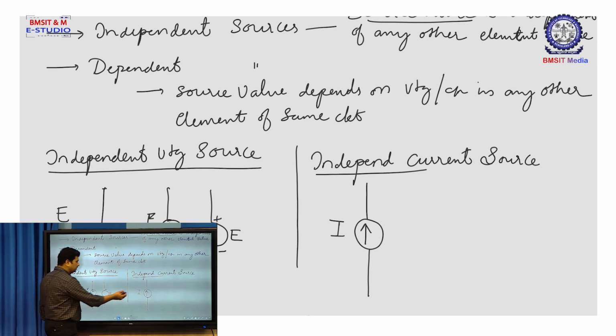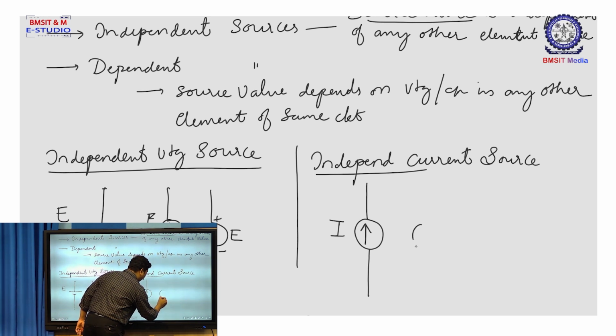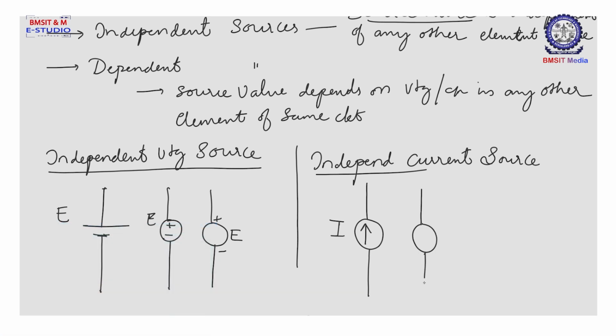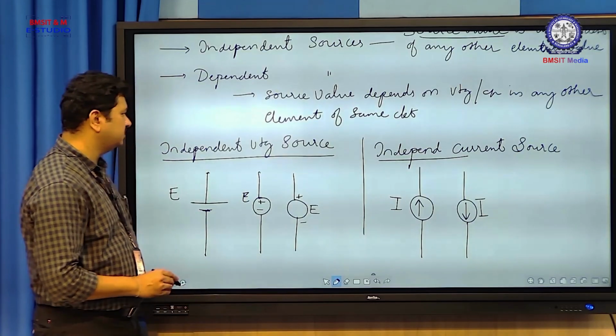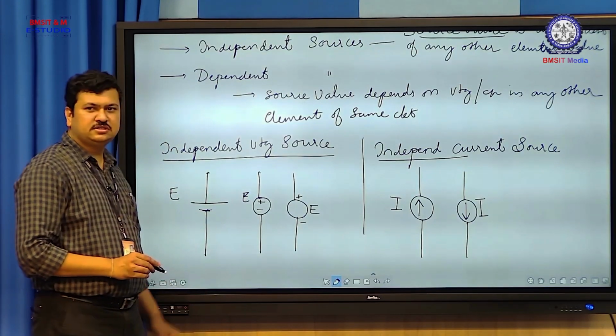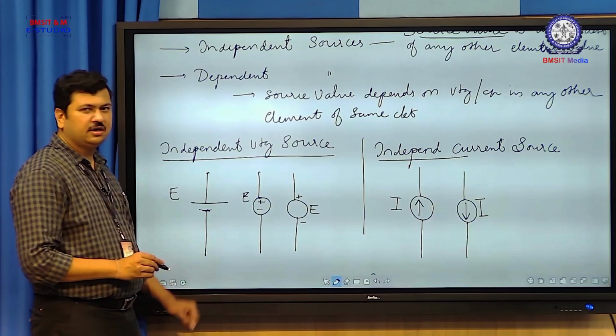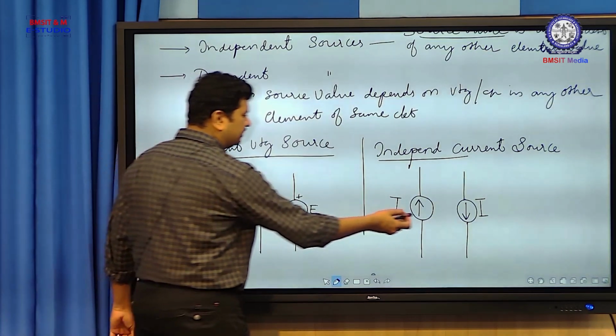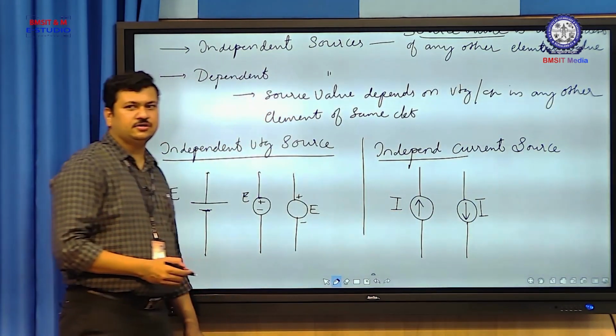If the circle consists of an arrow mark upward or downward, it can be either way, it is a current source. So, this is the circuit representation of independent sources. This notation represents an independent voltage source, and this representation indicates an independent current source.